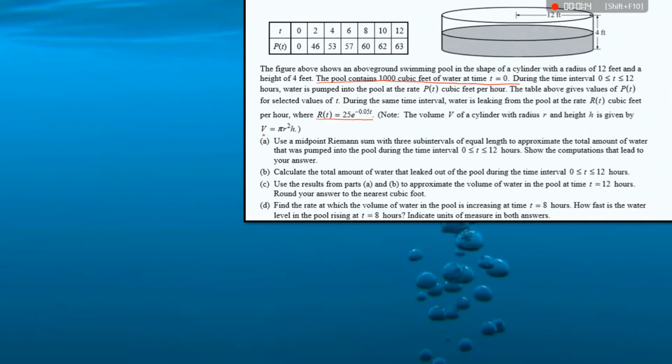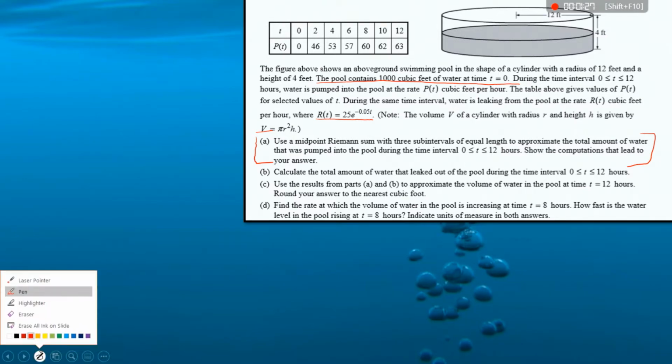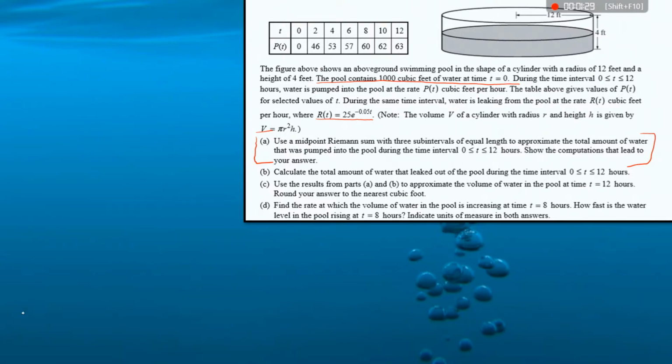So first I want to use a midpoint Riemann sum with equal subintervals to estimate the total amount of water that was pumped into the pool from 0 to 12. What do I have to do? We find the midpoint between 0 to 2 to 4, 4 to 6.